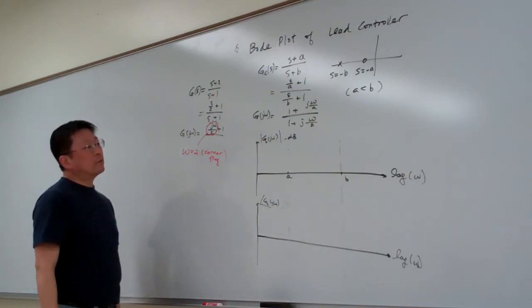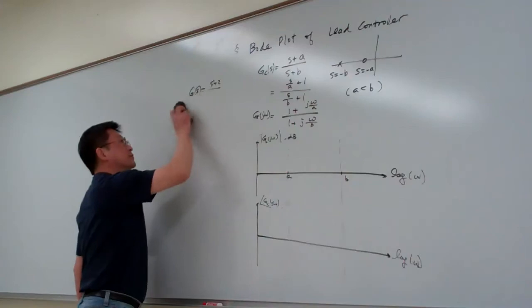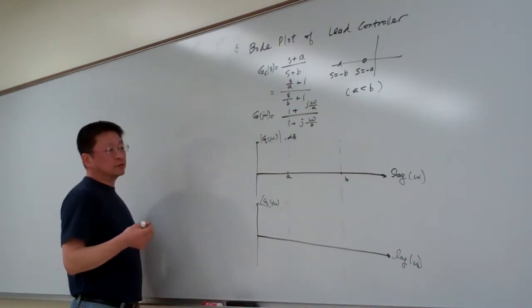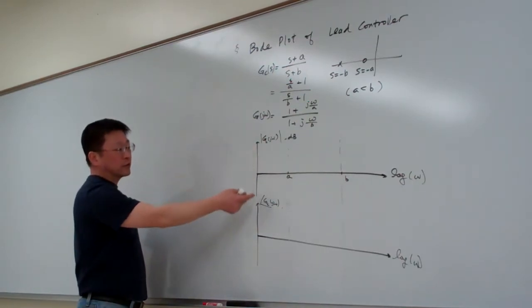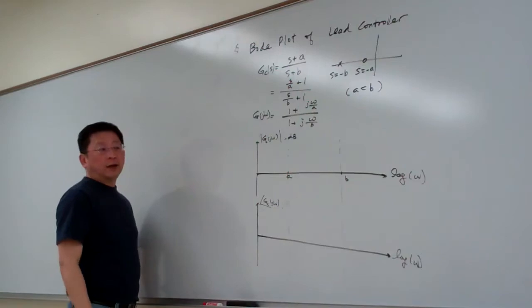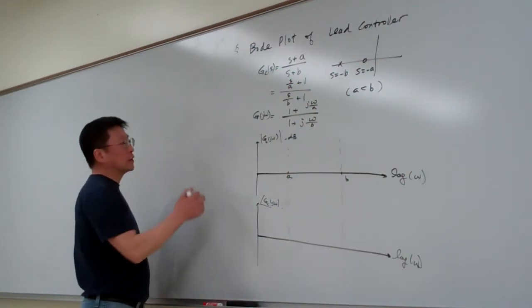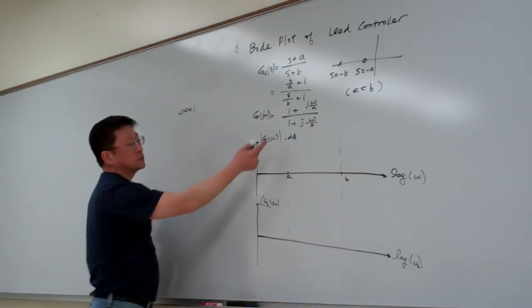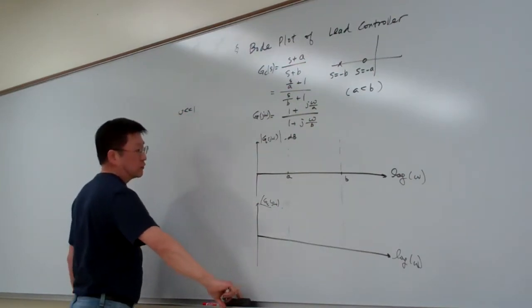Okay, so now for this one, we simply do the calculations. Basically, here we like to sketch by labeling a few key points, the value of the magnitude and phase angle at a few key points, to help us. So when omega is very, very small, let me do the calculation here.